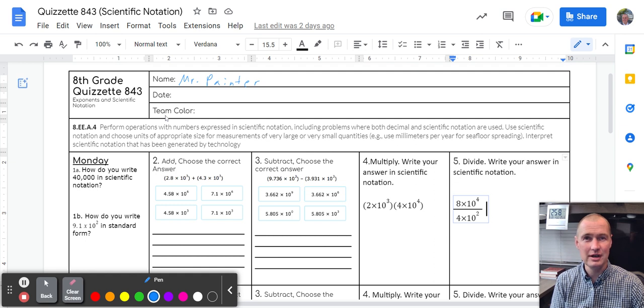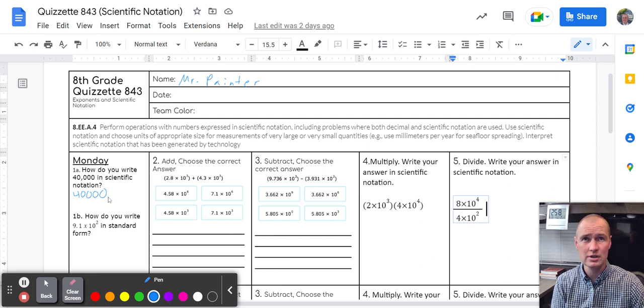All right, looks like we're ready to go. Monday, how do you write 40,000 in scientific notation? Well, that's not too bad. So what we're going to do is take 40,000. So we got 4, and 1, 2, 3, 4 zeros, which gives us 40,000. And scientific notation says that we want only one number to the left of the decimal.